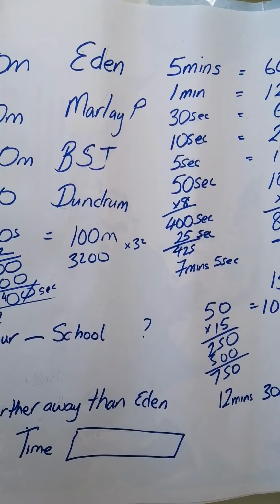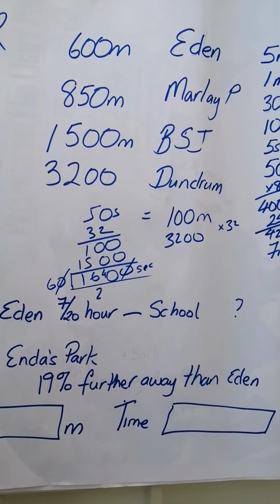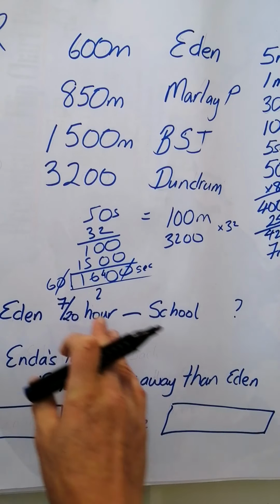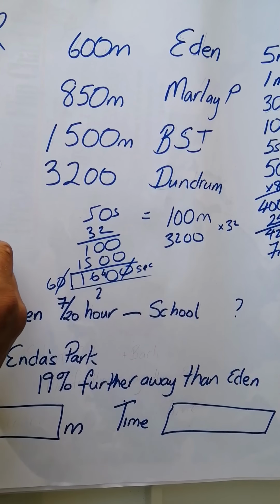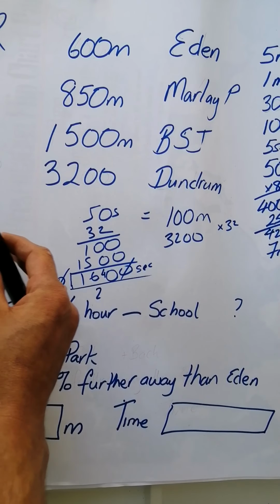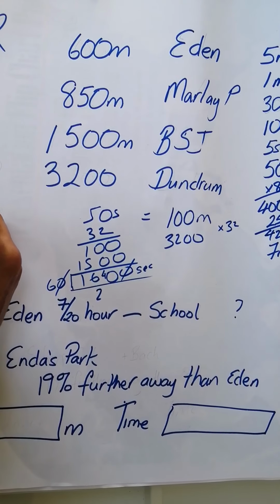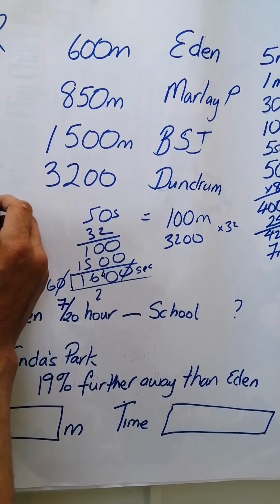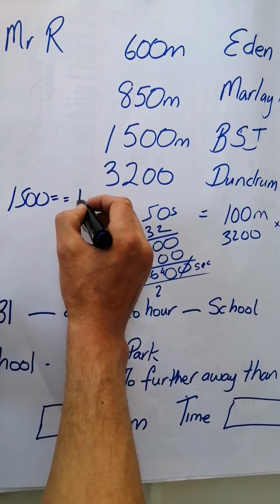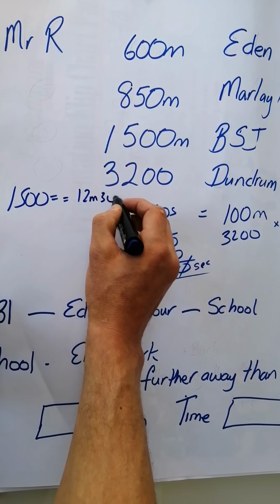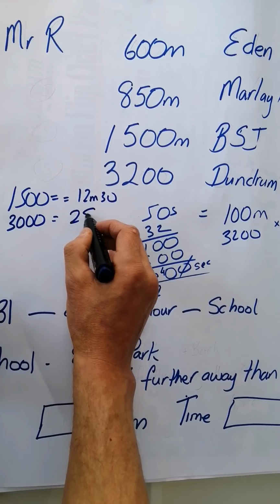I can't even see. Hang on now. Let me see. I'll do it the other way. I'll double check that one at the end. If 1,500 meters is 12 minutes 30, then double that would be 25 minutes.